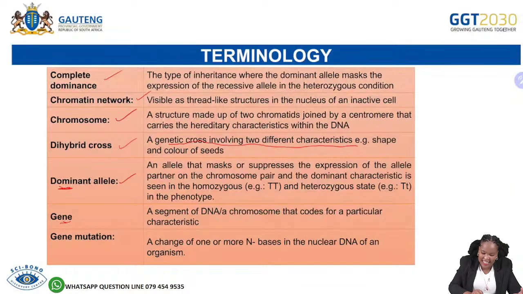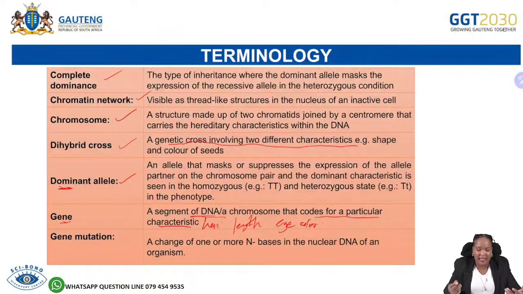We said it is a segment of DNA on a chromosome that codes for a particular characteristic. And we explained the characteristics to be examples such as hair color, length, or eye color.